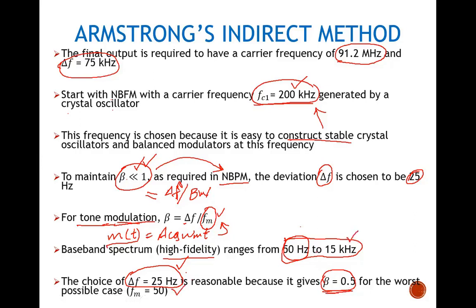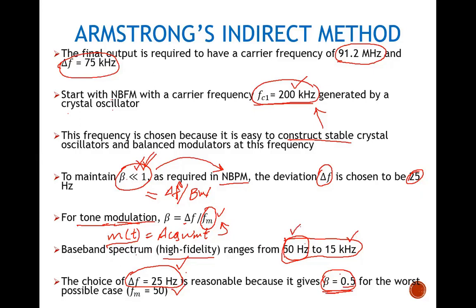So for higher values of baseband frequency, this beta can be much less than 0.5, and so this condition is satisfied more easily, right? So in summary, the issue we have here is we want to satisfy this condition, beta much less than 1, which is for narrowband FM or narrowband PM. Satisfying this condition becomes difficult at low frequencies of the baseband signal.